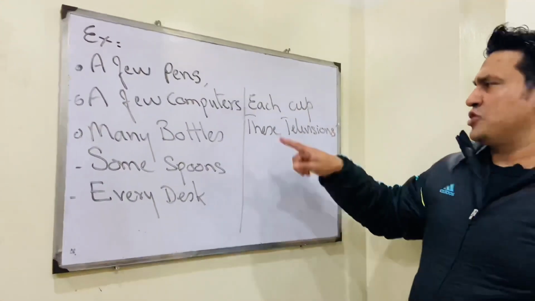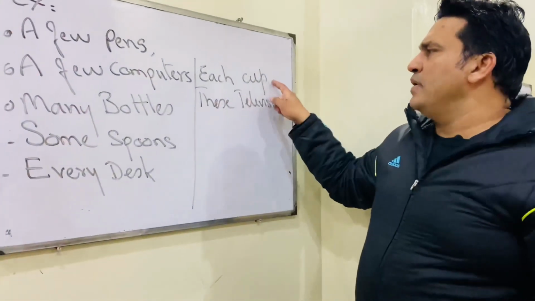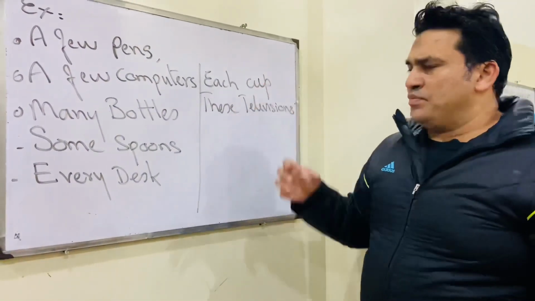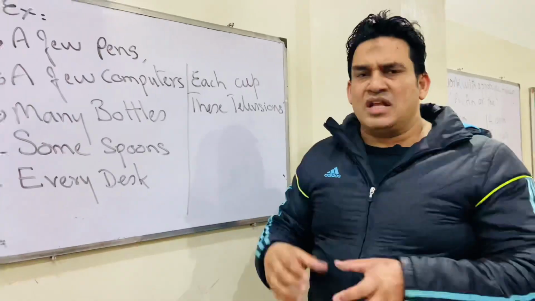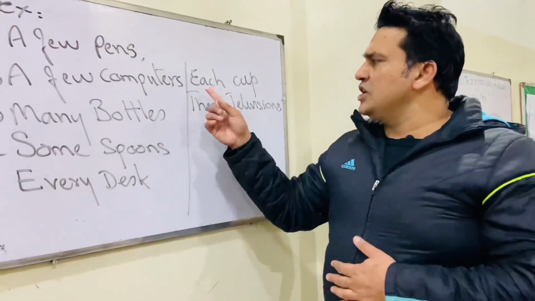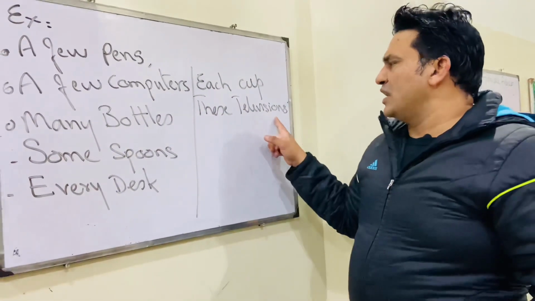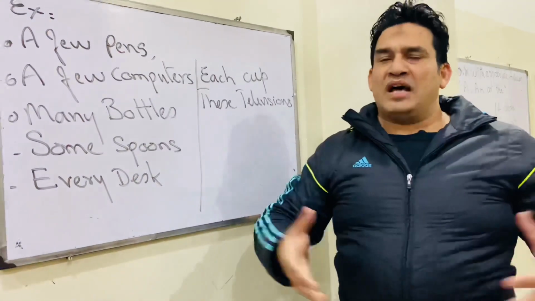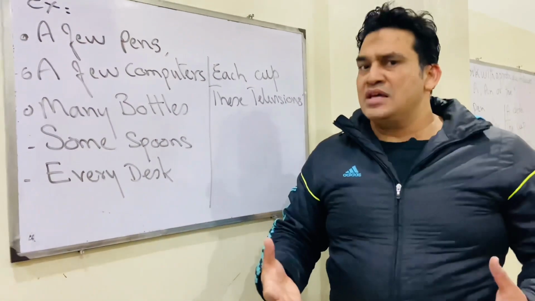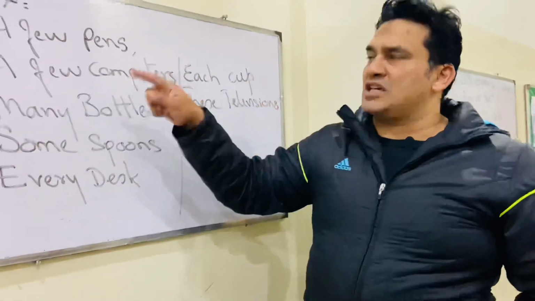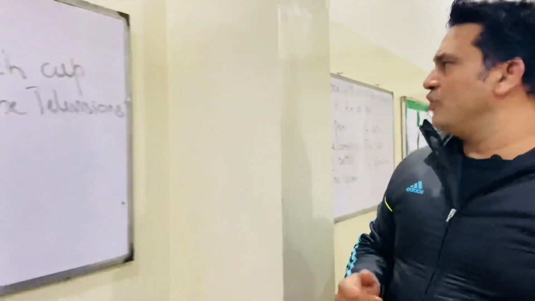Here is another expression, each cup. Please put tea in each cup. So each is used with cup. Television: these are the televisions of latest technology. Or you can say these expressions are here. Let's come forward.